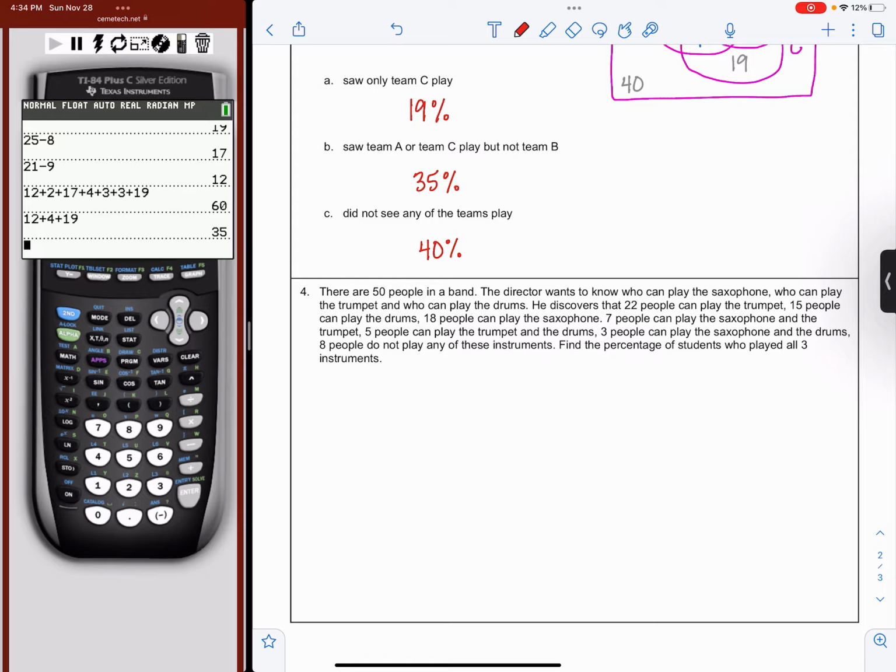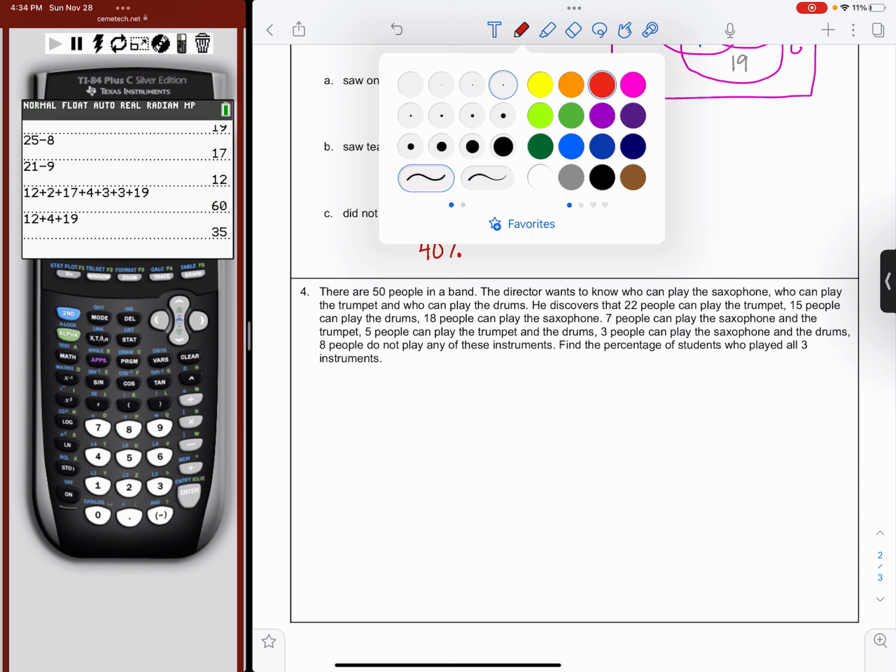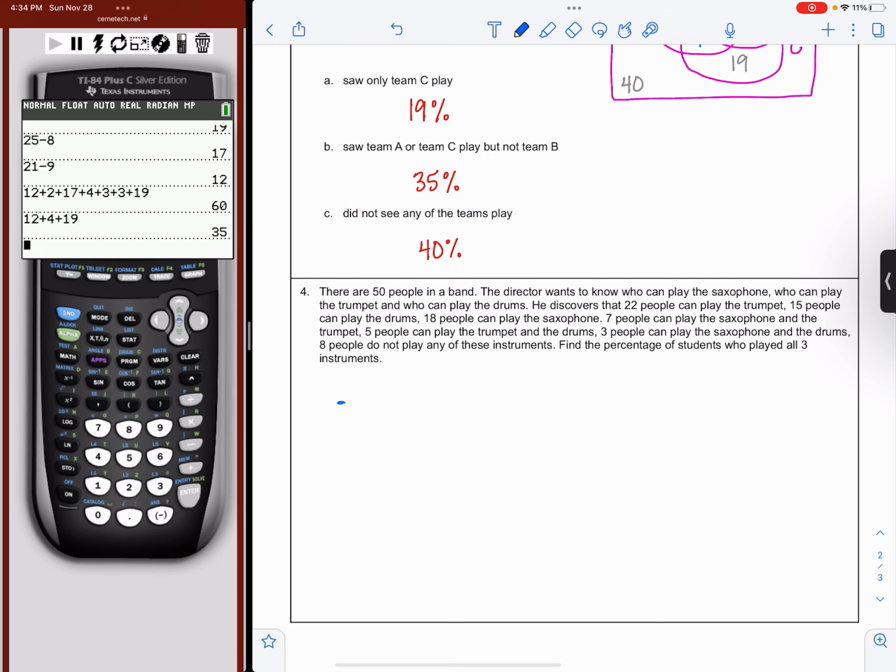He discovers that 22 people can play the trumpet, 15 people can play the drums, 18 people can play the saxophone. 7 people can play the saxophone and the trumpet, 5 people can play the trumpet and the drums, 3 people can play the saxophone and the drums, 8 people do not play any of these instruments, and they want us to find the percentage of students who played all 3 instruments.